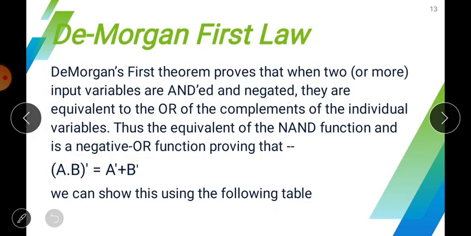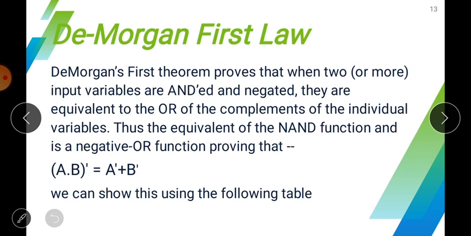So now moving forward, De Morgan's first law says that when two input variables are ANDed and negated, they are equal to the OR of the complements of the individual variables.